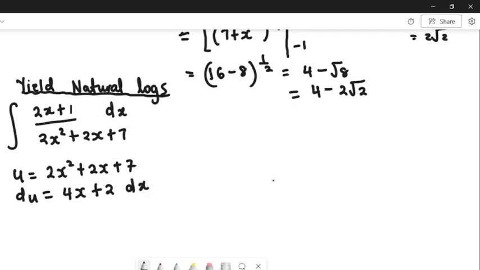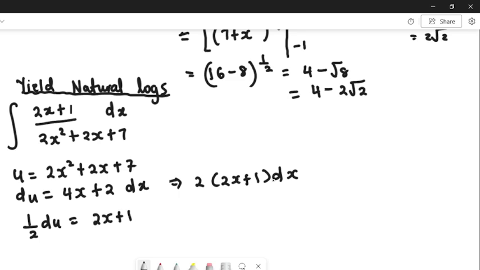But if you check 4x plus 2, you realize it's twice 2x plus 1. So this can be written as 2 times 2x plus 1 dx. So we are going to get a half du is equal to 2x plus 1 dx.